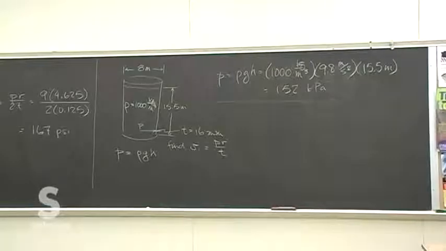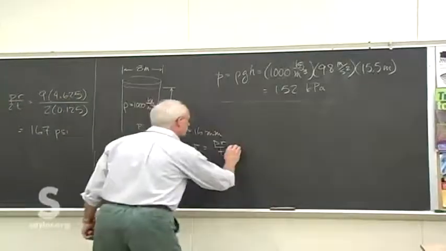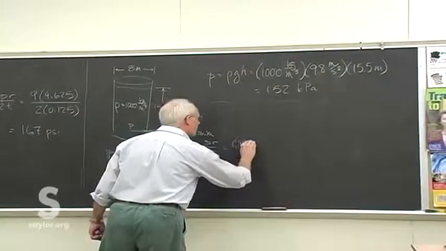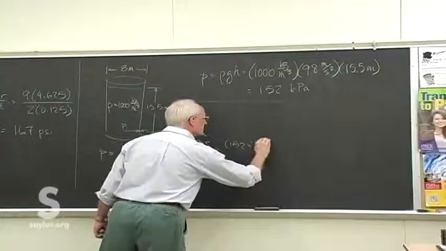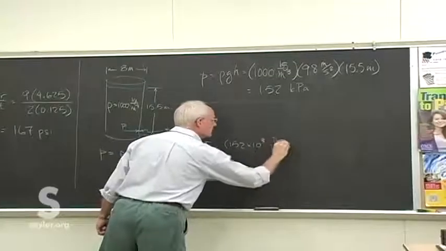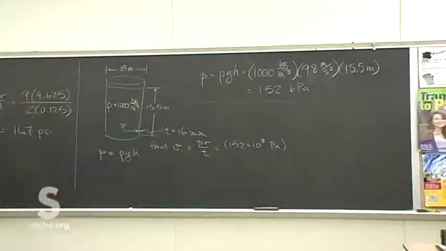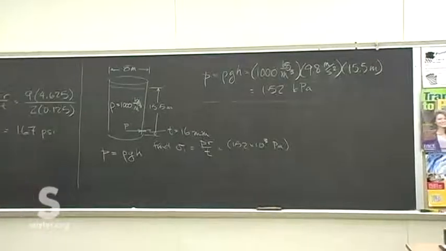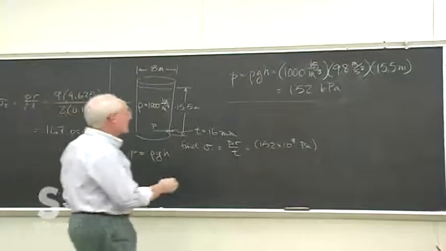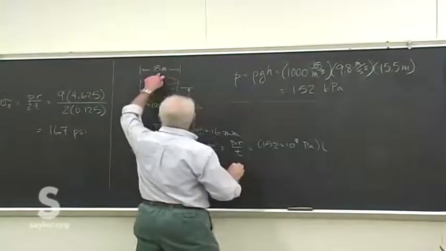All right, so we've got all the numbers there. I hope you do, at least. Then we've got the 152 times 10 to the 3 pascals, Newton per square meter, so the units will all work out. The radius, 3.984, right? Remember, that's the inside radius.